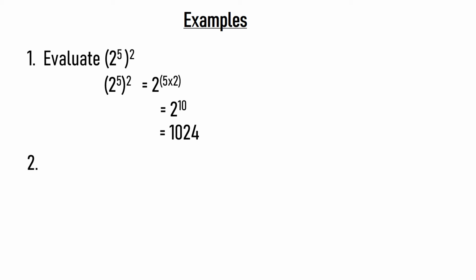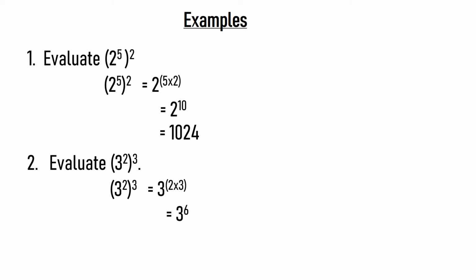Our second example, evaluate 3 squared power 3. So according to our third law, this is the same as 3 raised to power 2 times 3, which is 3 power 6, which therefore narrows to 729.